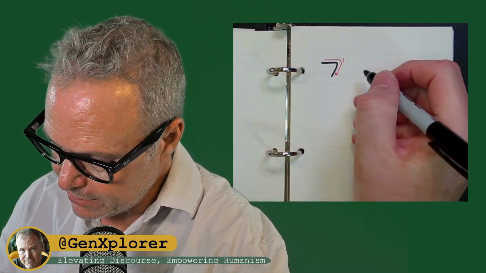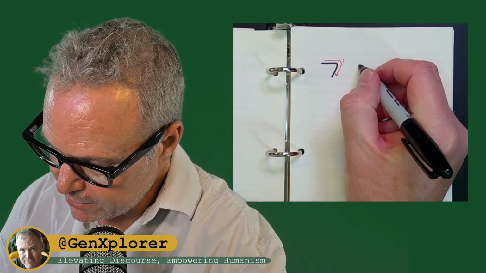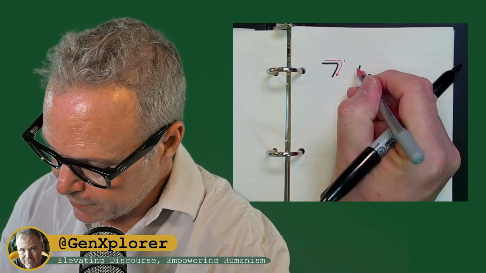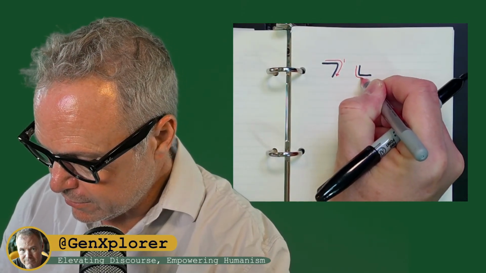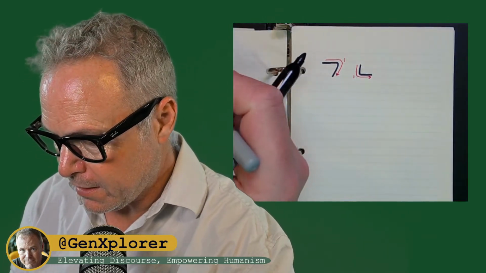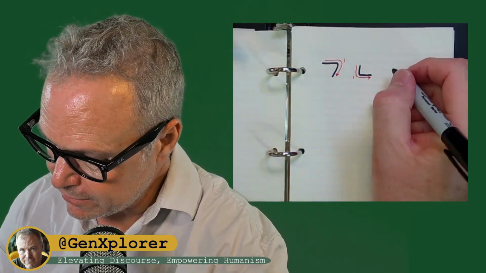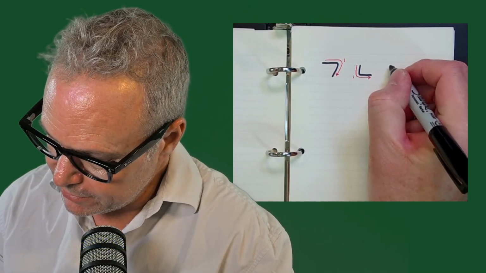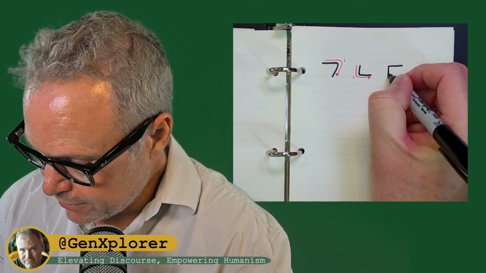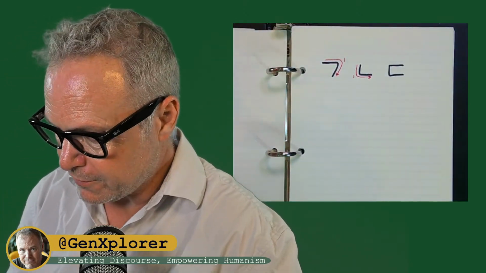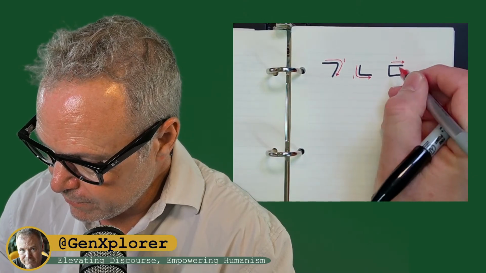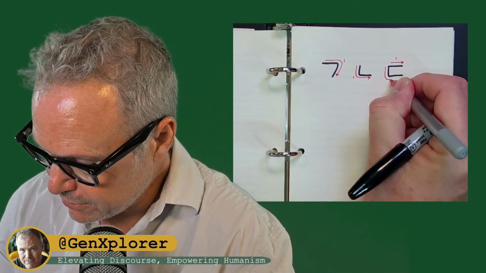And we take nieun, very similar, down and over, one stroke. Now our first two-stroke letter in the consonants, tikeut: one stroke across, down and over for two strokes. So we do one stroke and then a second stroke.